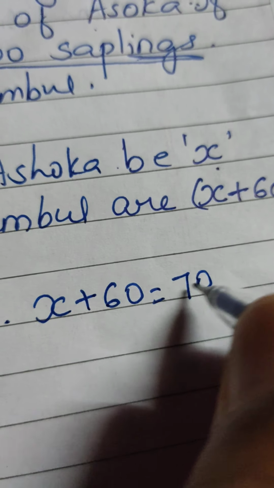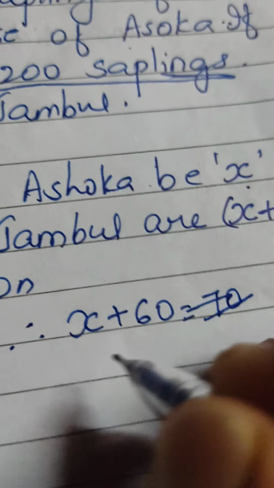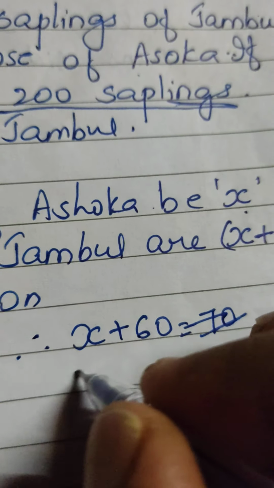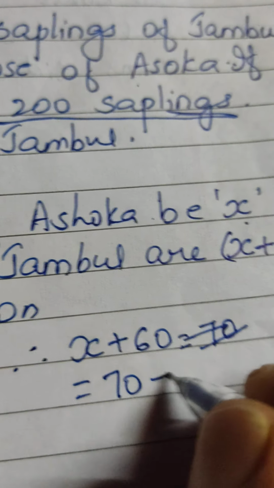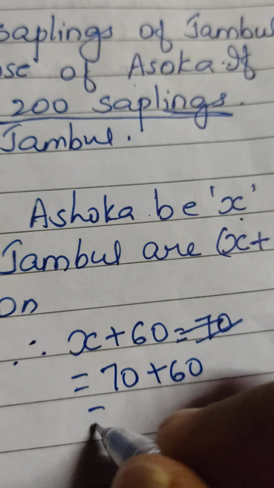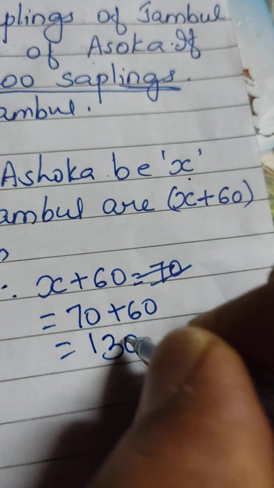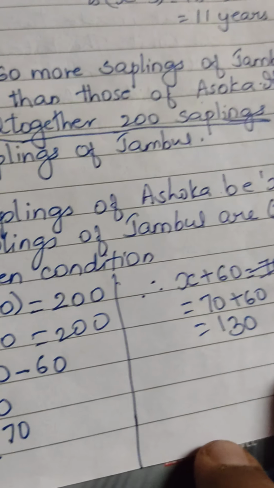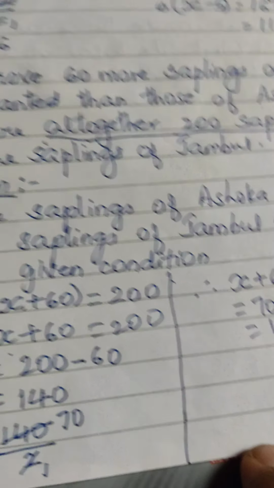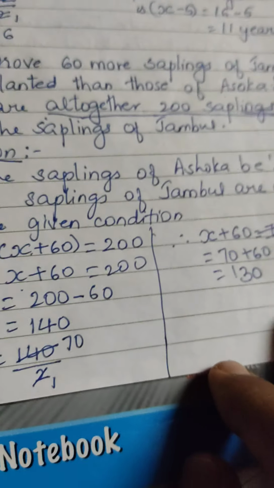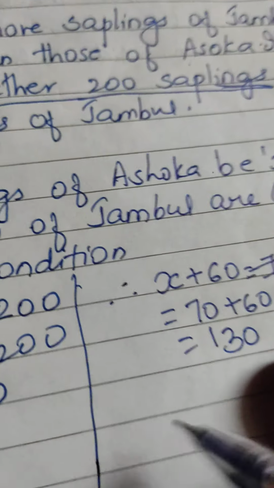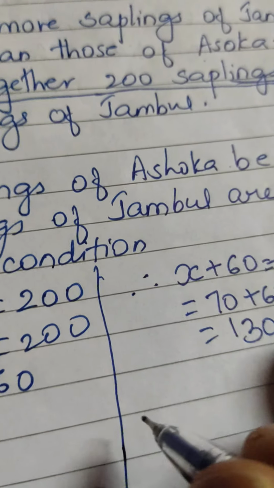X plus 60 is equal to 70 plus 60, that is how much? 130. Correct? So if x plus 60 is equal to 130, then how many saplings of jamuns were there? So there were 130 saplings.